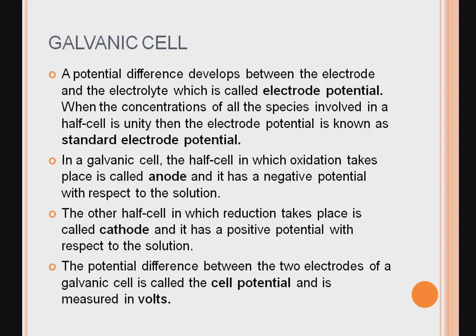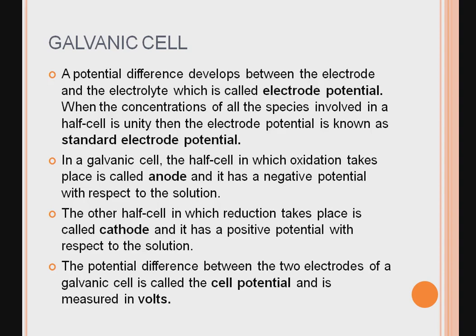In a galvanic cell, the half cell in which oxidation takes place, which is called anode, has a negative potential with respect to solution, whereas the other half cell, that is cathode, has a positive potential with respect to solution.